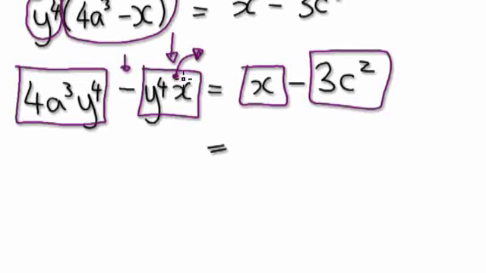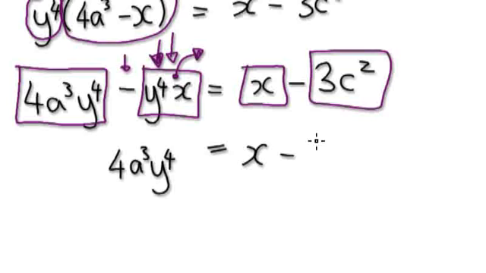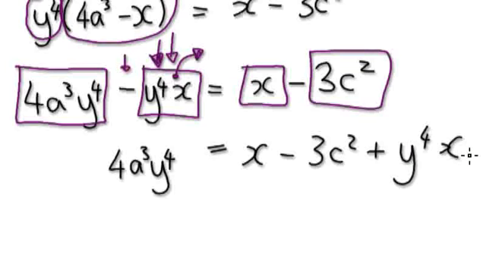So let's add y to the power 4 x to both sides. So add this block to both sides. It would be 4a to the power 3 y to the power 4 on this side, and this side would be c squared, add y to the power 4 x.